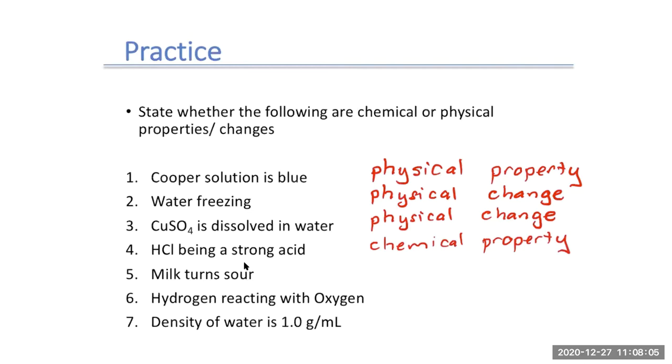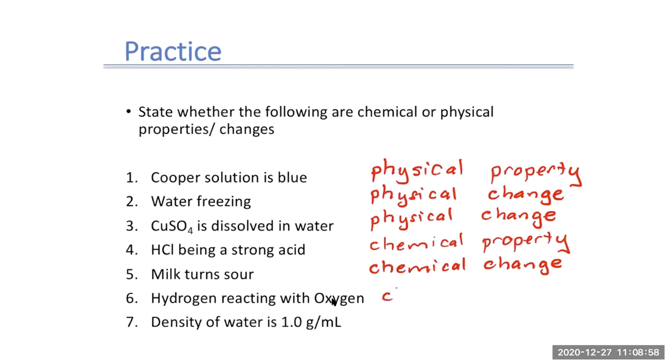Next, let's say you left your milk in the fridge too long and it turns sour. So milk turning sour. What's happening is the milk is actually going through a chemical change at that point. And the lactate is converting over to lactic acid to turn sour. So that's actually a chemical change. And then next, if I take hydrogen and I'm reacting it with oxygen, it's changing its chemical composition.